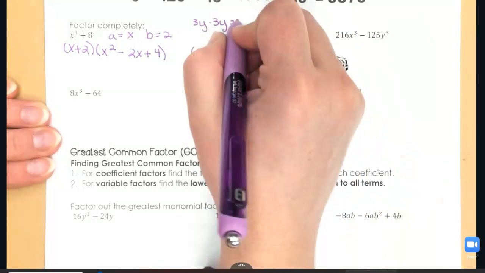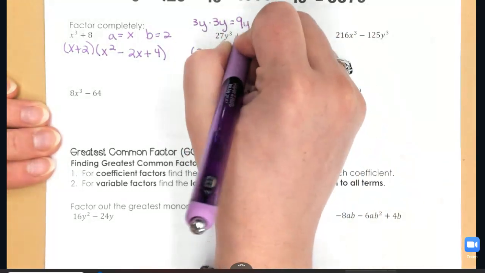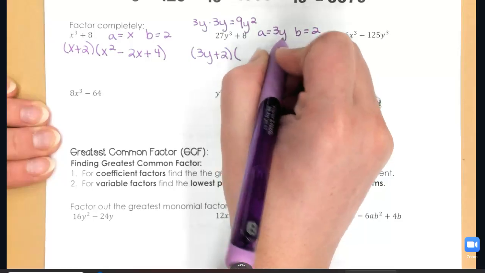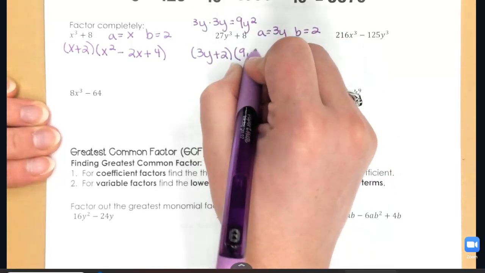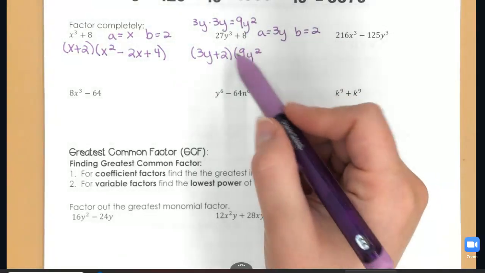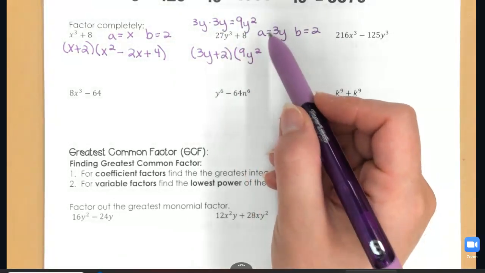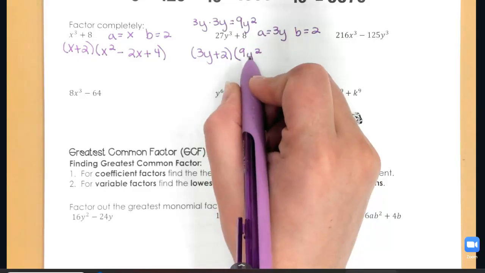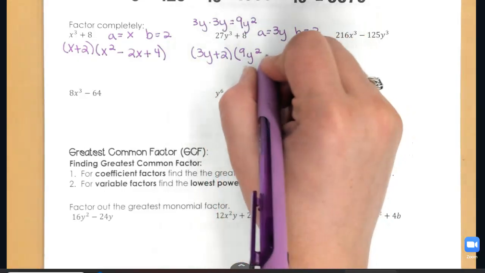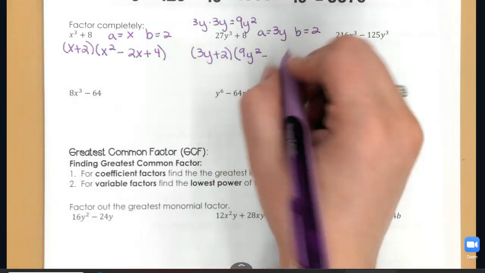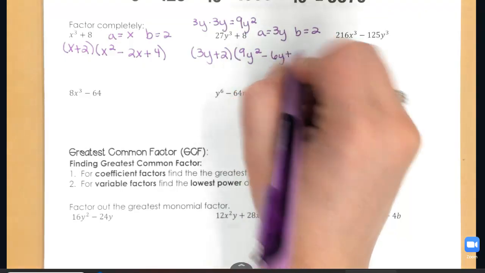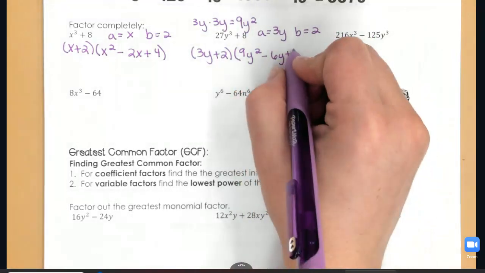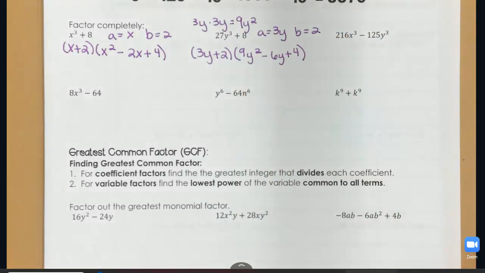So 3 times 3 is going to give me 9. Y times y is going to give me y squared. So when you square 3y, you get 9y squared. A mistake people will often make is they forget to square the coefficient as well. So don't make that mistake. 9y squared, and then minus a times b. 3y times 2 is 6y. Plus b squared. Once again, 2 squared is 4.